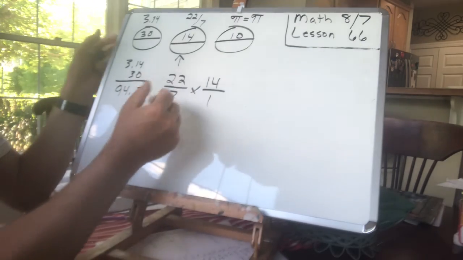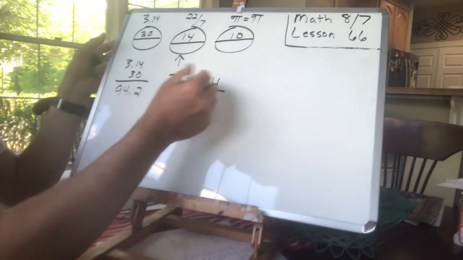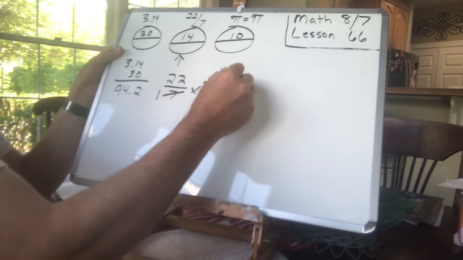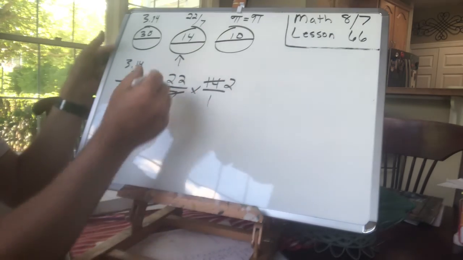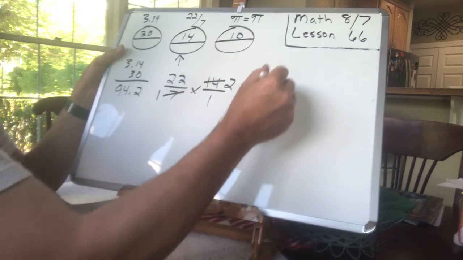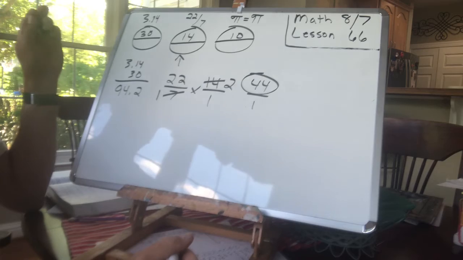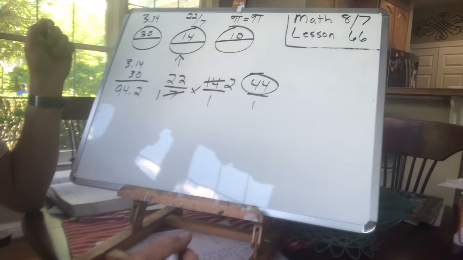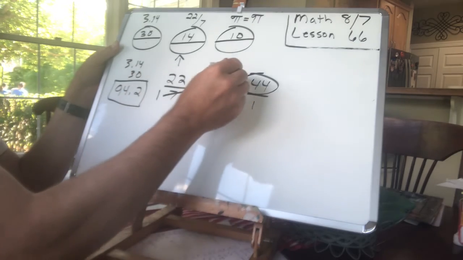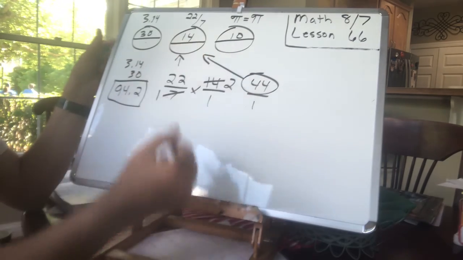Now in this one right here, I can cross reduce. They made it easy on me, so I cross that 7 out and put a 1. I cross that 14 out and put a 2. And I multiply across, and that's going to give me 44 over 1, or just 44. Okay? So I had this one for answer 1 with that one, this one for answer 2 for that one.